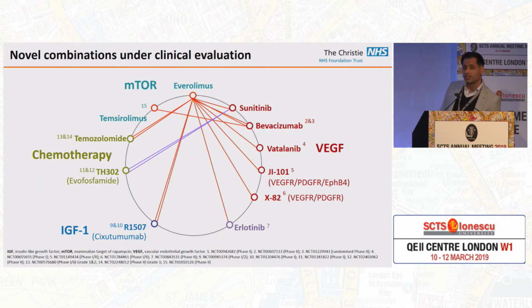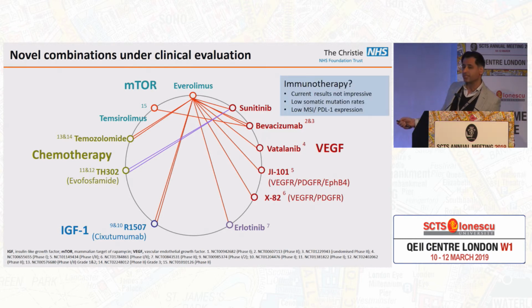So moving into the future, because of the history, you can see that a lot of our new trial developments hinge around everolimus, and so we are testing chemotherapies with everolimus and newer agents with chemotherapy with mTOR inhibitors. But you'll note that there's no immunotherapy here. So immunotherapy hasn't really had an impact in this cancer.